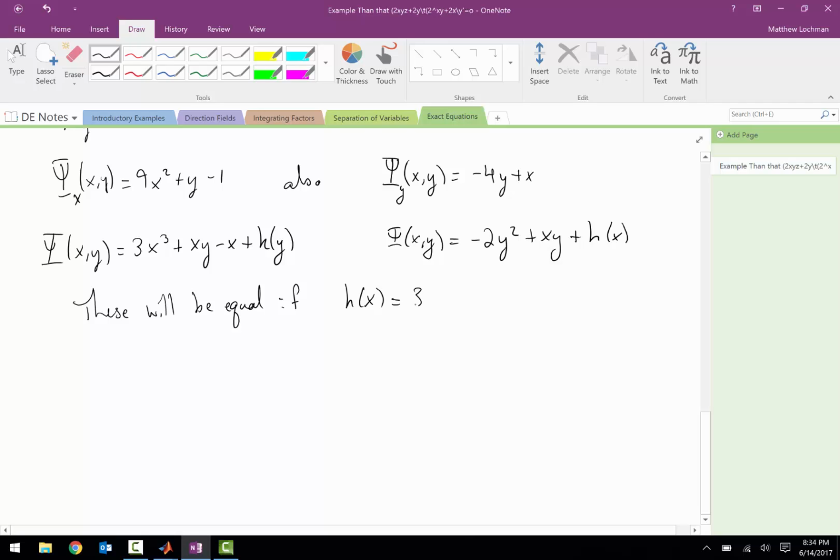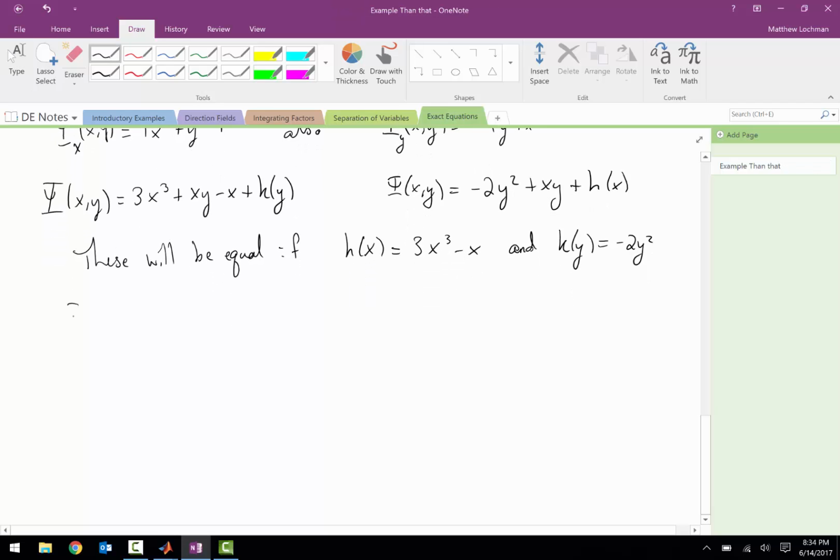So it's going to be 3x cubed minus x, and the k must be the y-only terms on this side. Technically, you could also add any constant to both of these things, and you'd be fine. So if to each h and k I also said plus 1, that would be okay. But there's no need to put in extra terms when they're not there, so it's understood that you always choose this stuff plus 0 as the constant part of it.